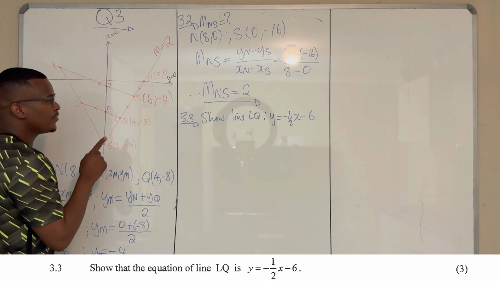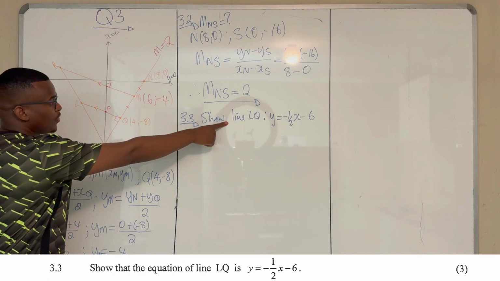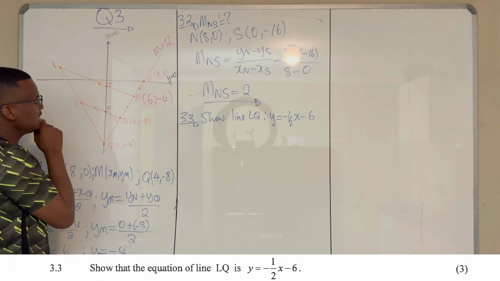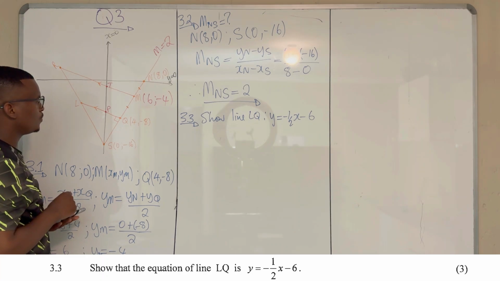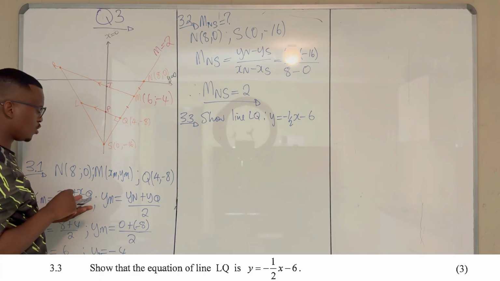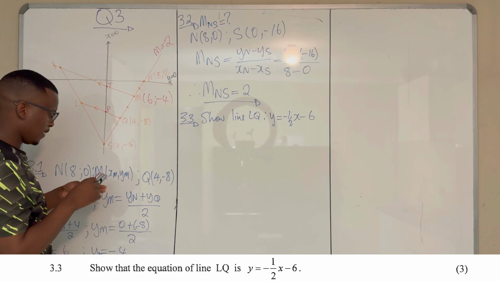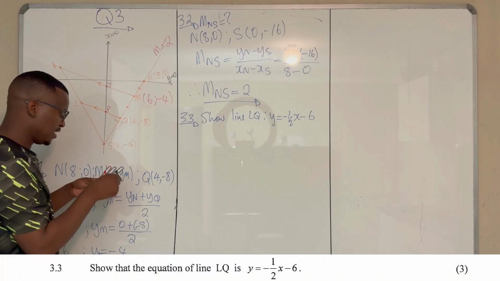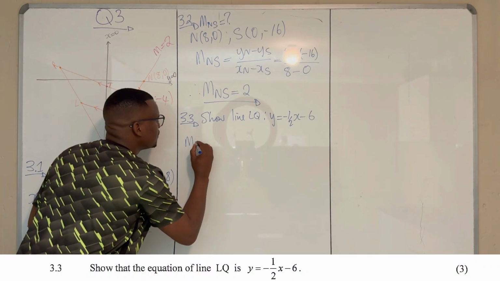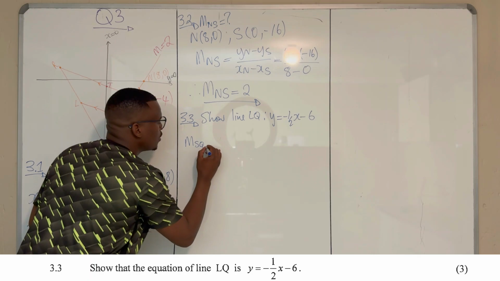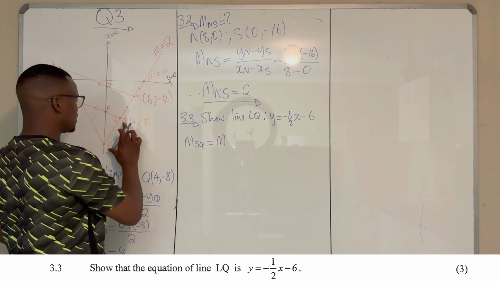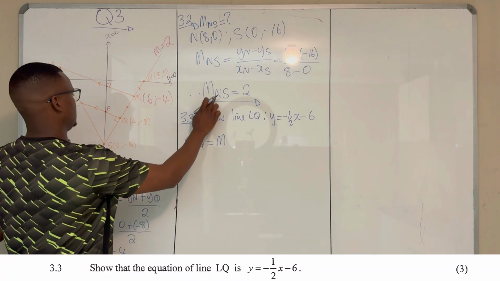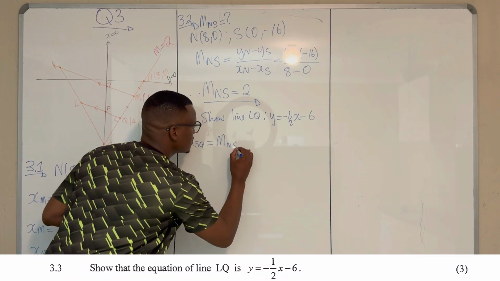The first thing we need, to find the equation of LQ or to show this equation, is the gradient of this line LQ, right? What we were told is that the gradient of SQ is equal to the gradient of NS, which is 2.